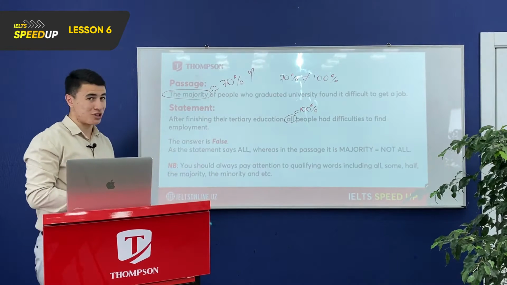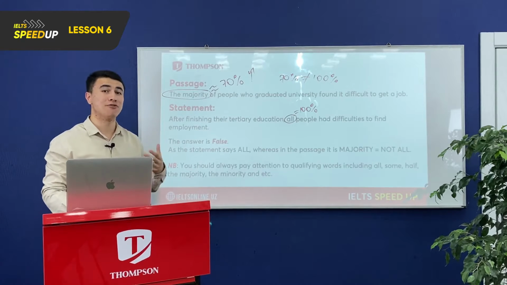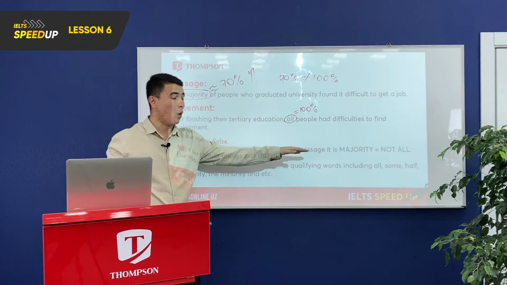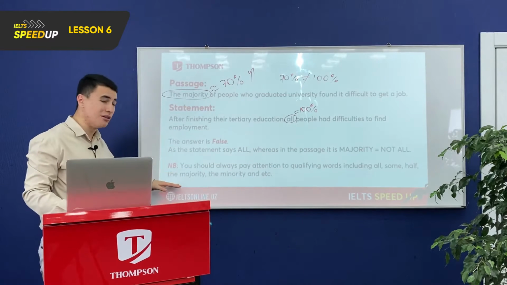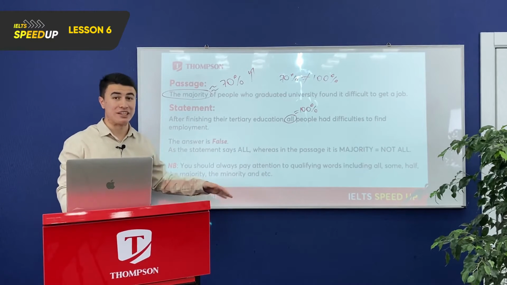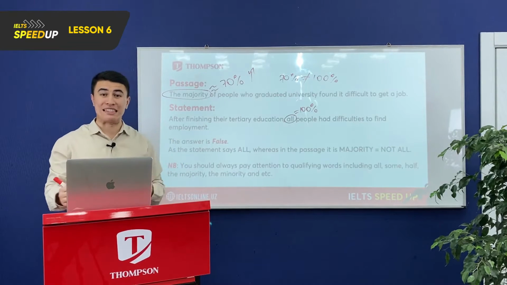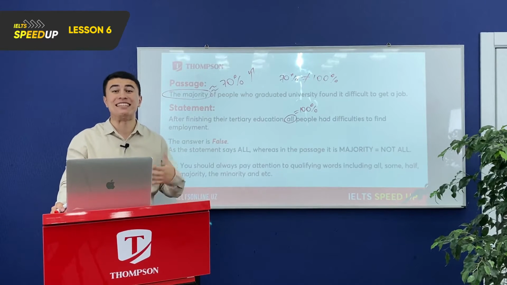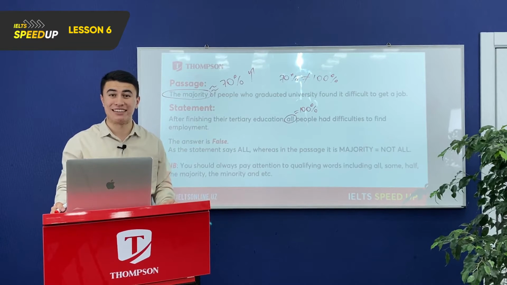And of course, you should always focus on qualifying words such as all, some, half, the majority, or the minority, because a single word can change the meaning of the sentence completely.